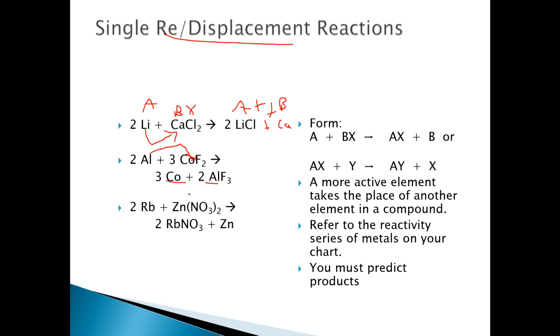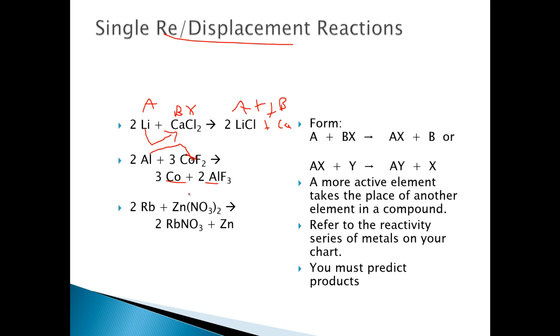And this goes back to the periodic table stuff, when we look at group 1 and 2 metals, they are very reactive. And the higher you go up on the list, the more reactive they tend to be. So just be careful. Look at the list, and I'll show that to you.